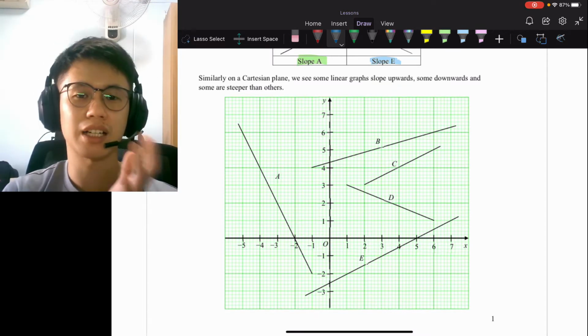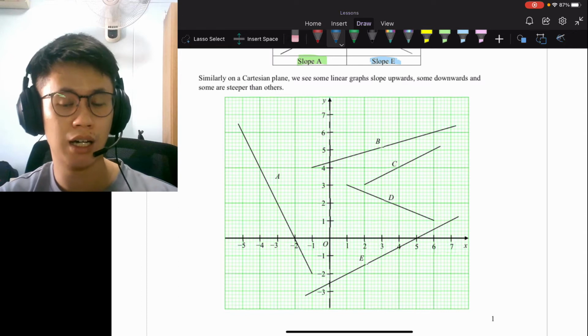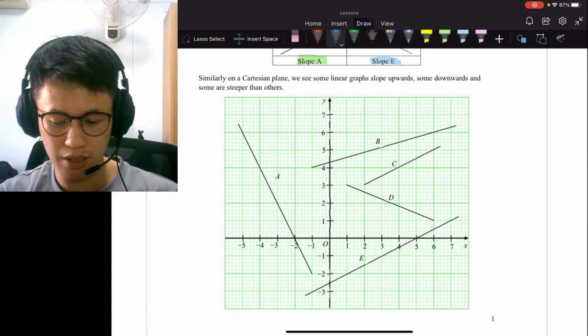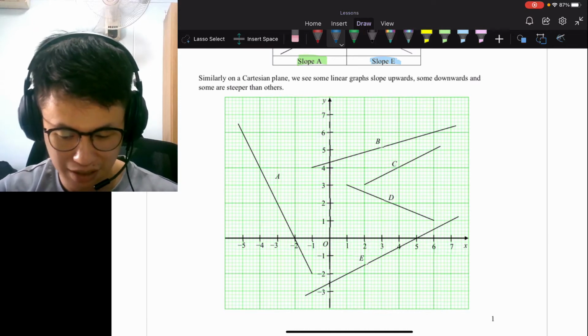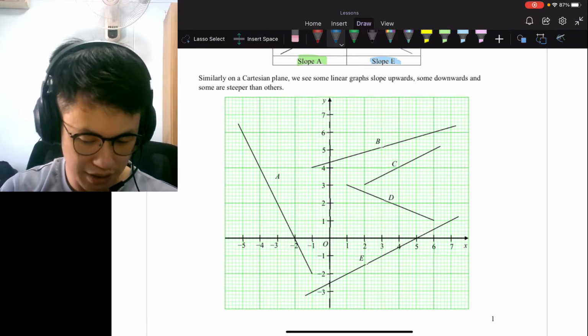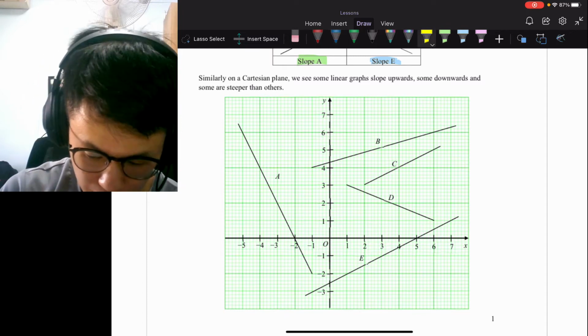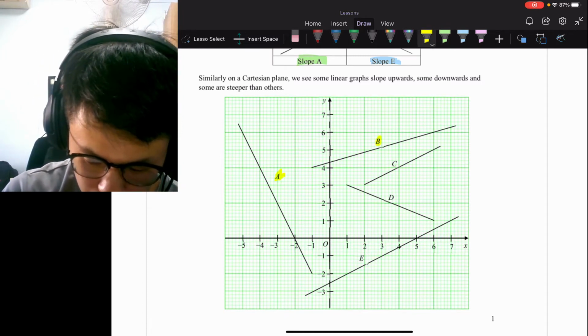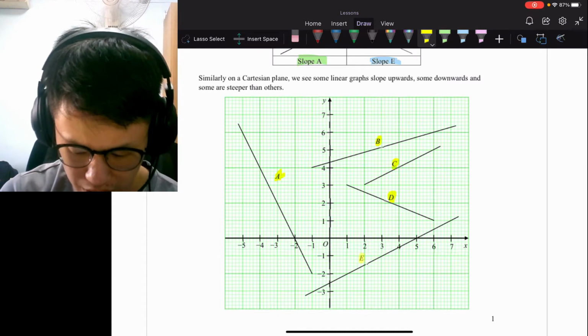There are different lines, and some are steeper than the others. Is B steeper than C, is A steeper than E? I have B, C, D, and E. Which is steeper?